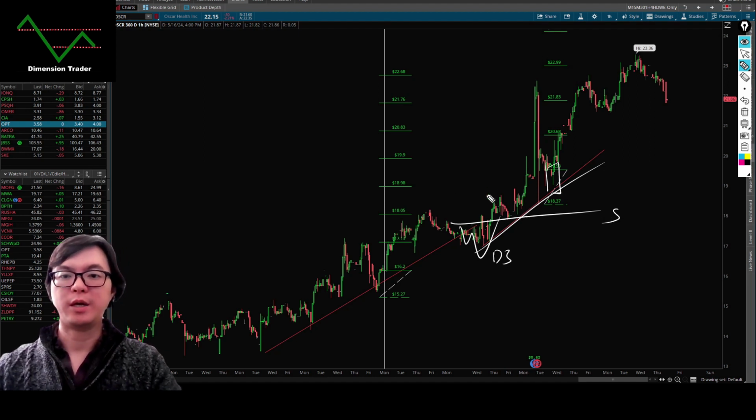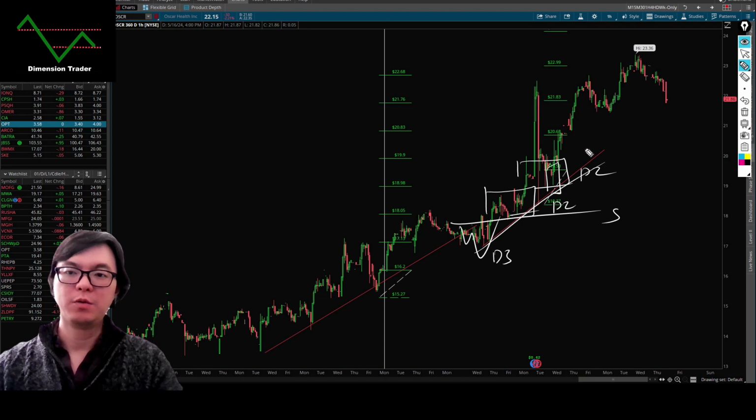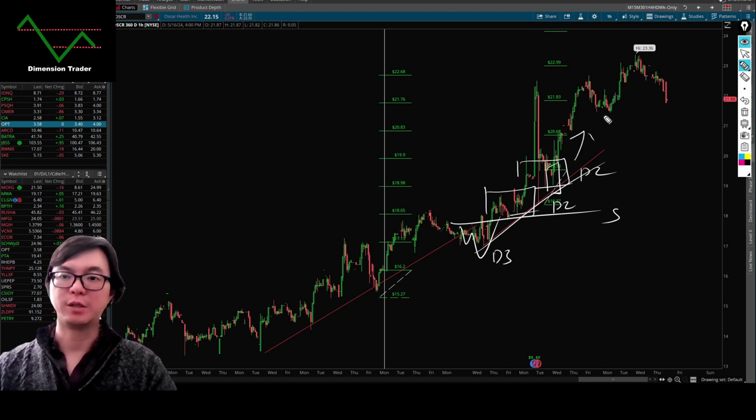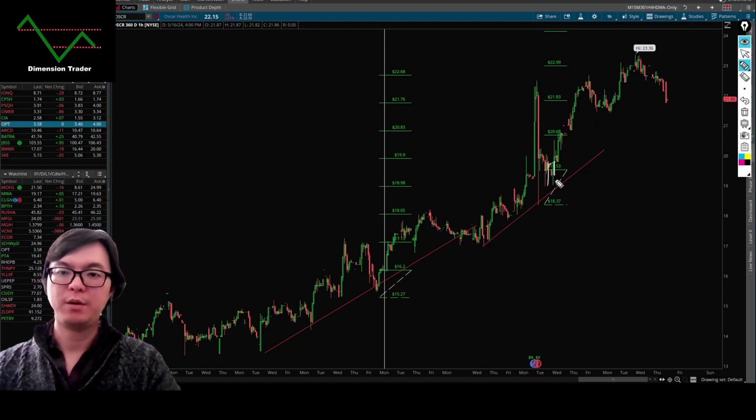So once this area, Dimension 2, forms, this is our target, this is our entry setup, which can bring us the direction or bias going up.